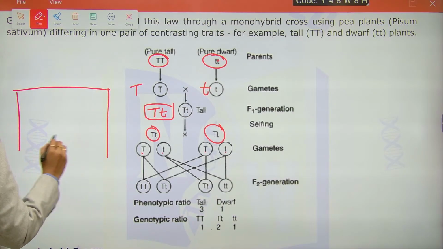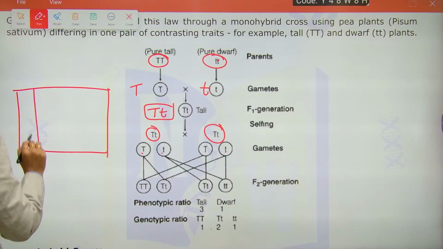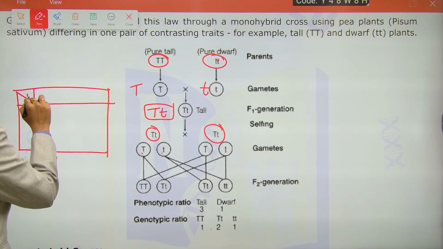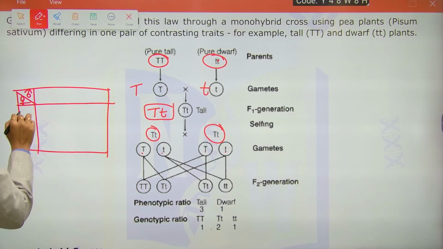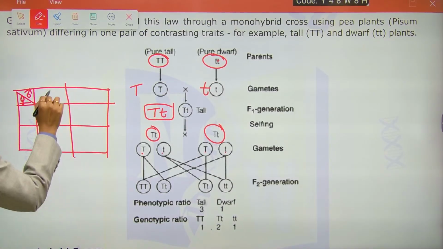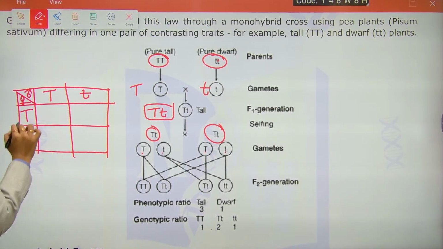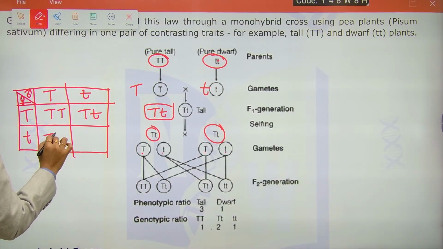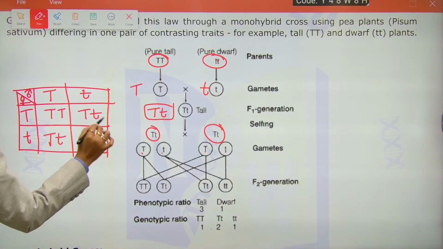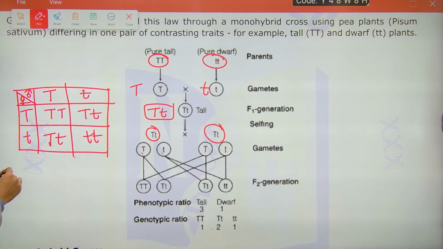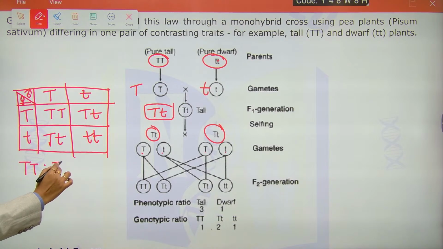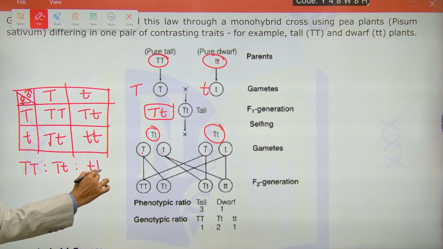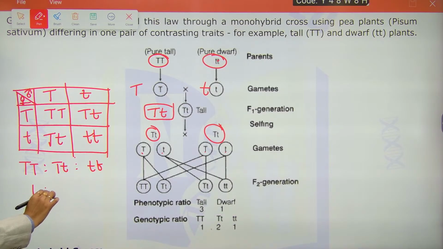You can also represent this with a checkerboard. Here the phenotypic ratio and genotypic ratio both will be one and the same, capital T capital T is to capital T small t is to small t small t, which is 1 is to 2 is to 1.